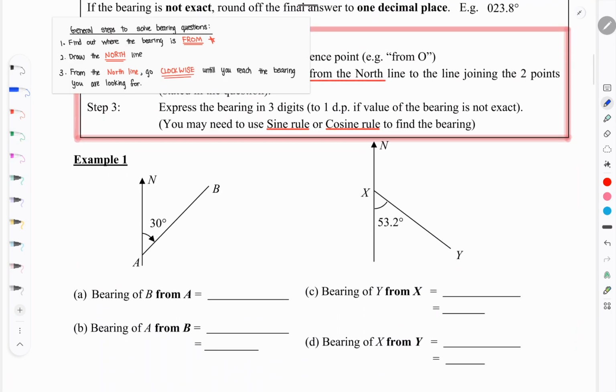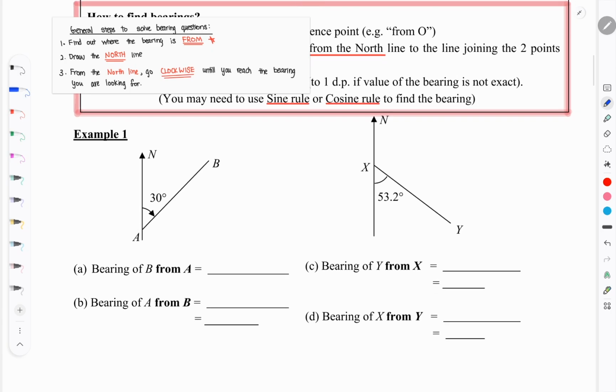Okay, so moving on to example 1. Example 1, they want to find the bearing of B from A. So the first thing I will do is from A, I will shade generally from A. The next step, I have to draw my north line.